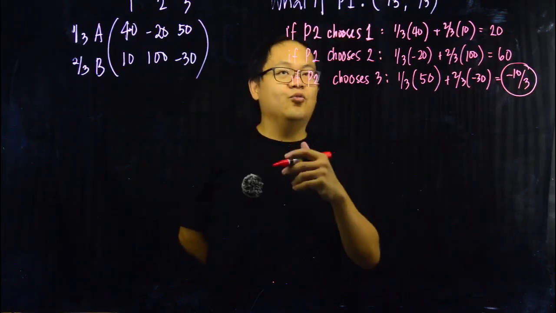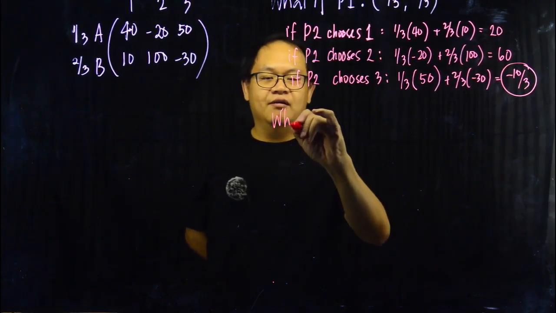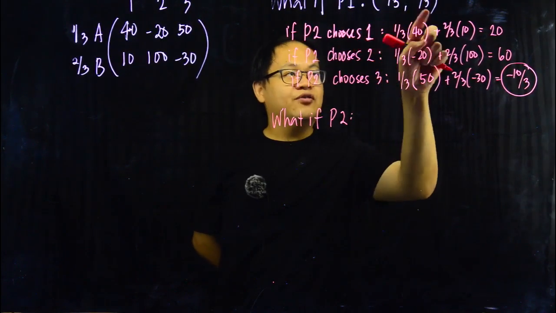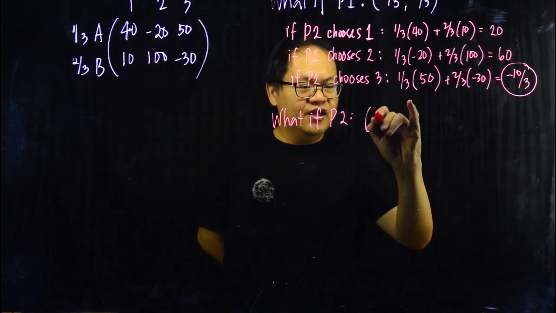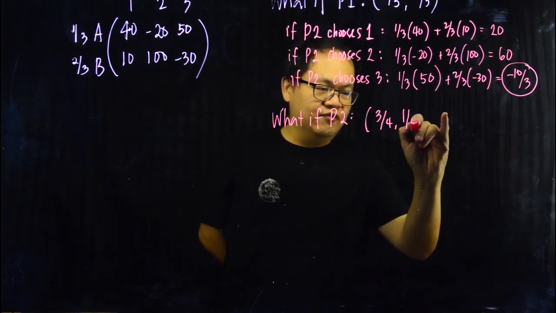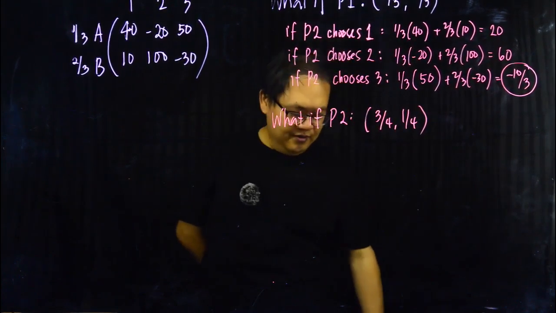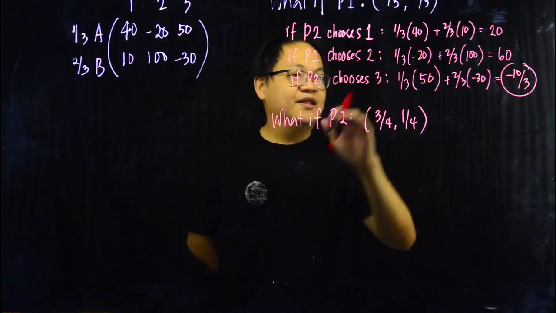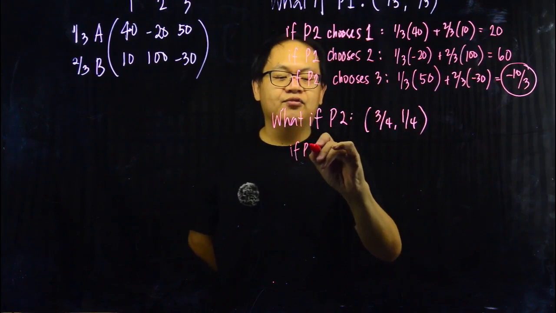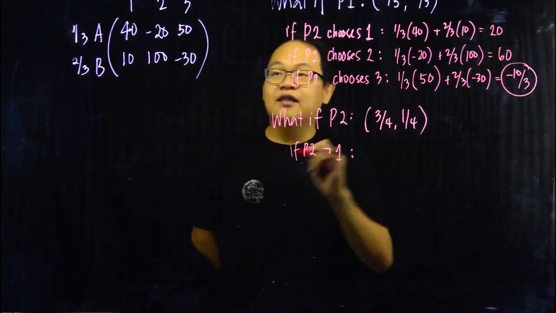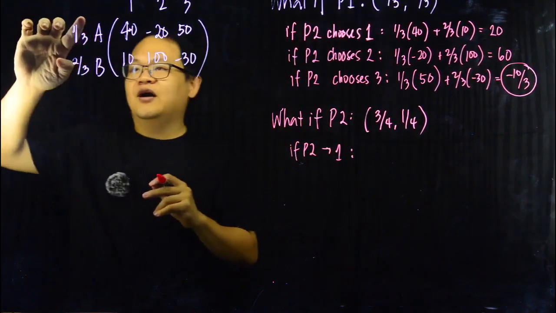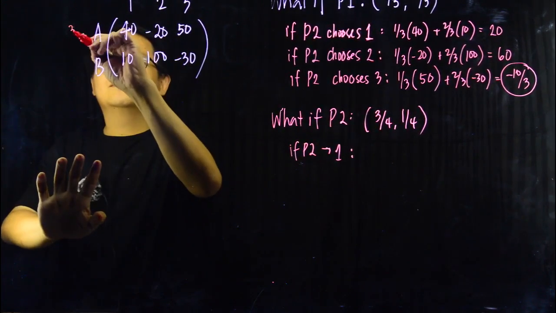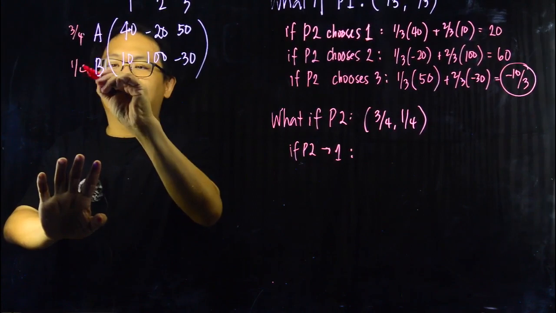On the other hand, what if player 2, instead of using 1/3 and 2/3, uses 3/4 and 1/4? Okay? Now, doing the same analysis, if player 2 chooses 1, then instead of this being 1/3 and 2/3, this becomes 3/4 and 1/4.